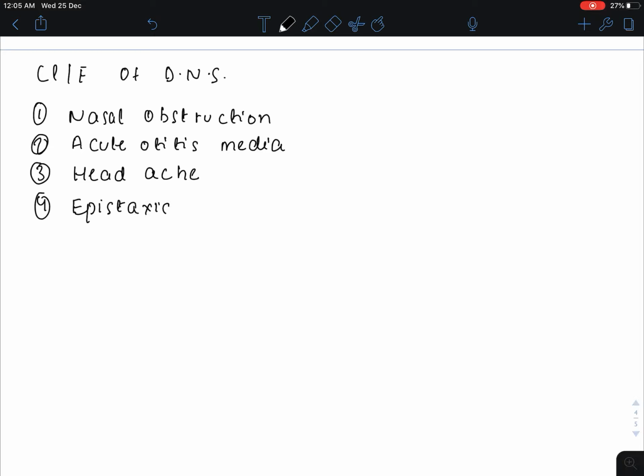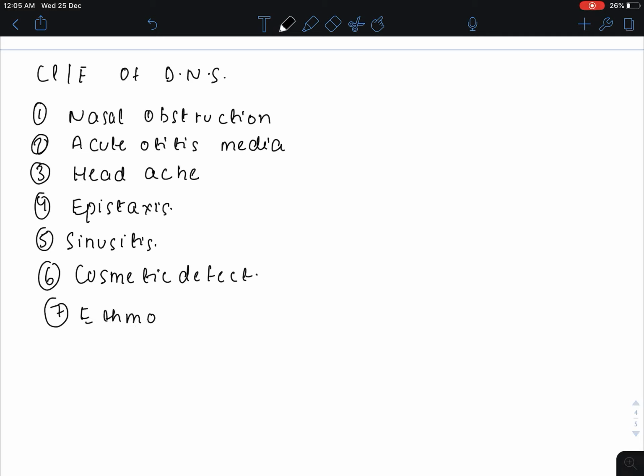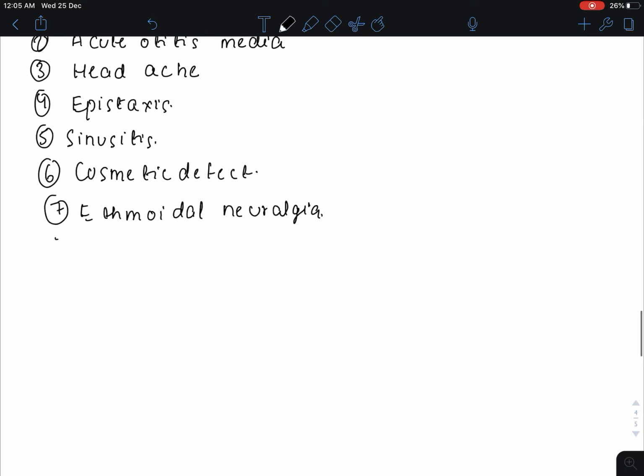Epistaxis, sinusitis, cosmetic defect, ethmoidal neuralgia, hyposmia. What is hyposmia? It is the decreased sense of smell.